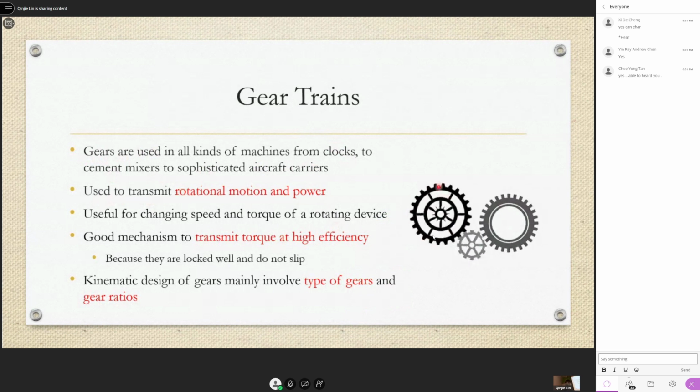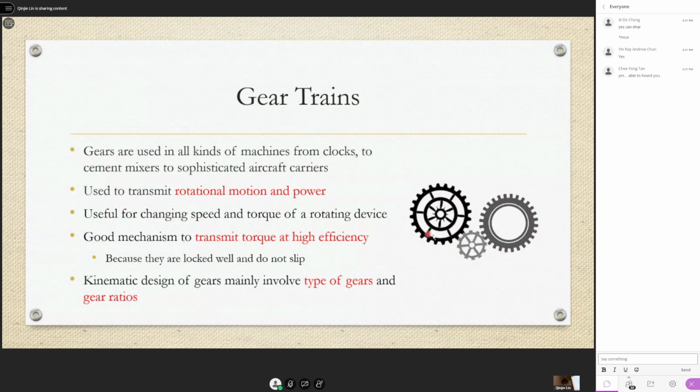Imagine you turn something, then some other gear that's attached to the first gear will turn. So you have some energy transmitted. This could also be connected to another gear, which will then power something. In this way, power is transmitted. Useful for changing speed and torque of a rotating device.